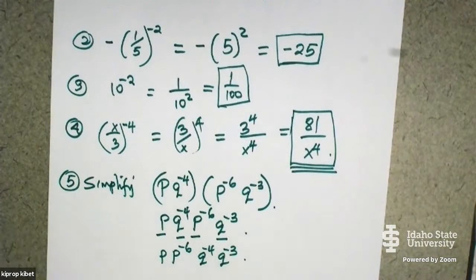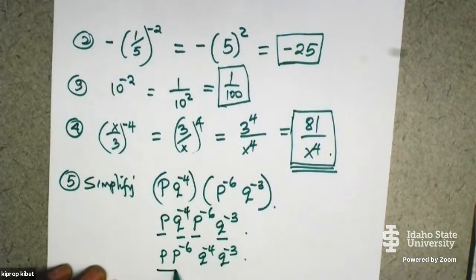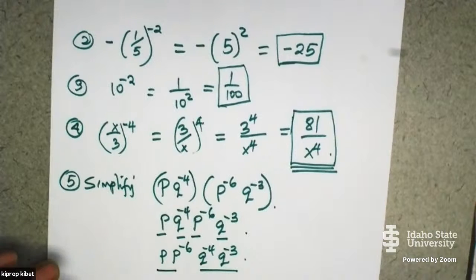Now, for this and this, we can use property number 1. If the bases are the same, you do what to the power? You add. So p, this one is raised to 1, so it would be 1 minus 6.